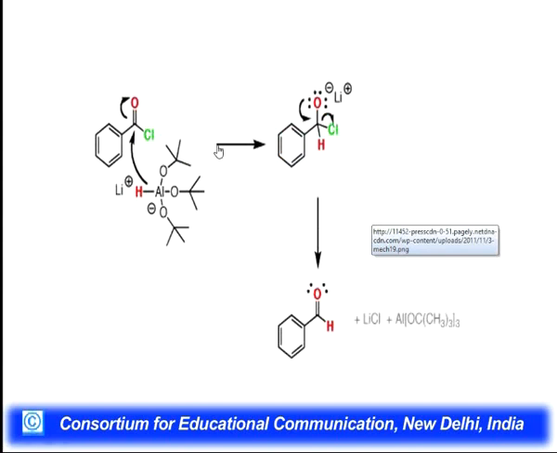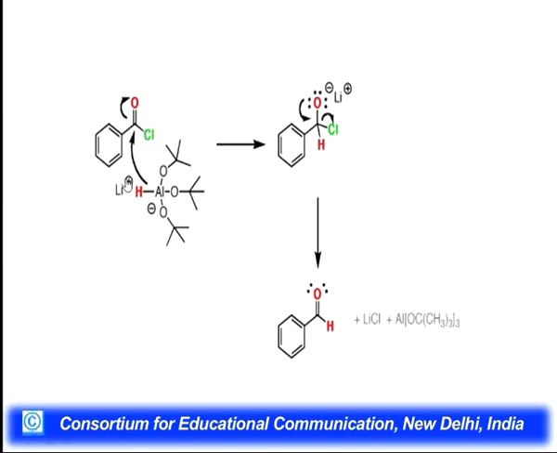This brings about nucleophilic reduction. In this case, lithium is positive and aluminium has a negative charge on it. A hydride is shifted from aluminium and goes and attacks the carbon.